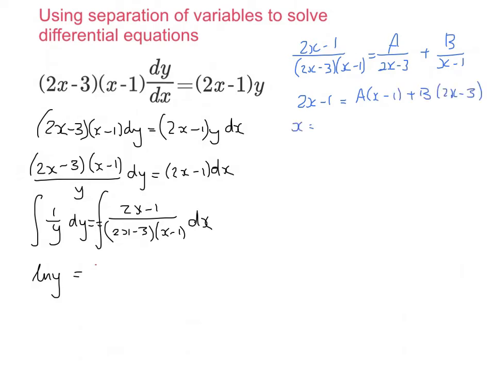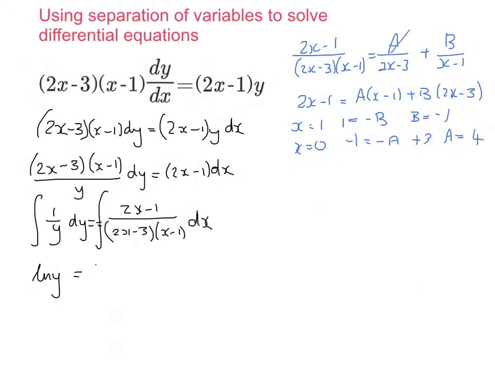Putting in x = 1 gives us 1 = -B, so B is -1. And putting in x = 0 gives me -1 = -A - 3B, which is -A + 3, so A is 2. No, 4. A is 4.